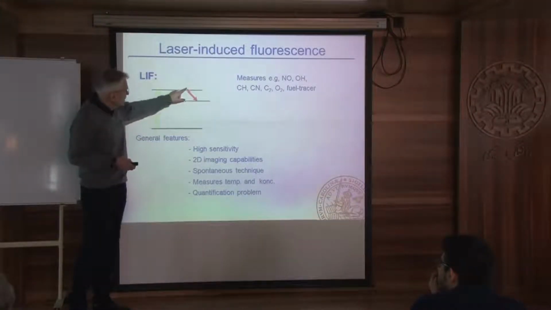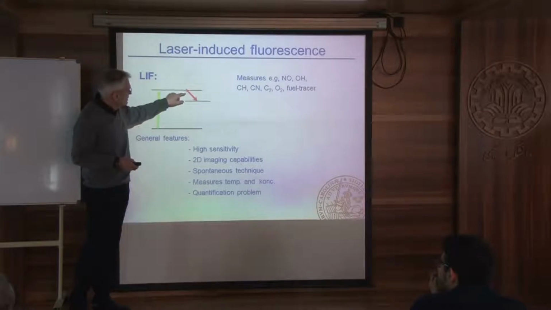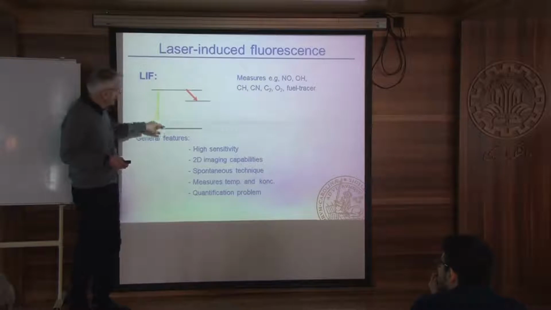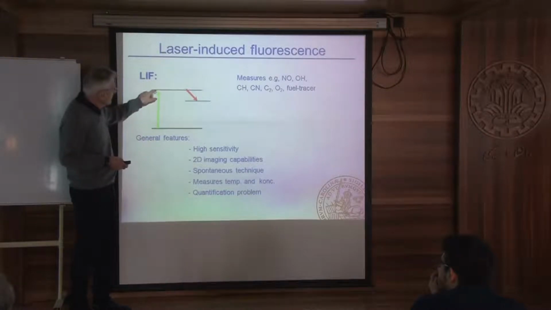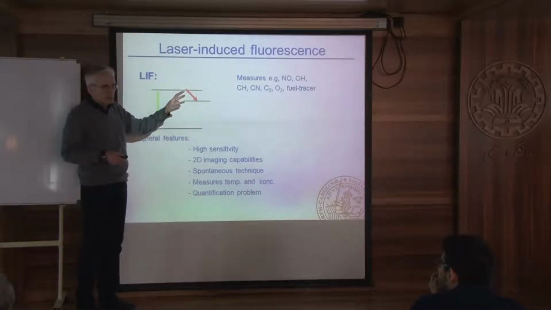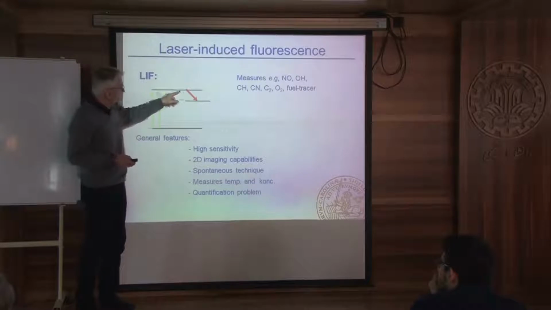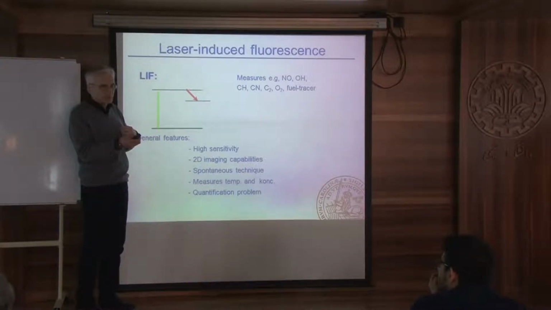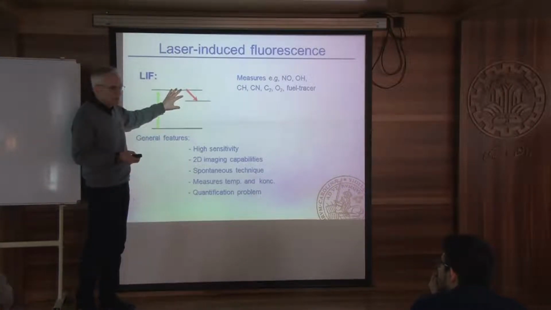But when we look, we really are detecting from the excited state, and since not all of the excited species give rise to photons, we have a problem. Maybe 1 out of 1,000 emit radiation. The others are lost through collisions. And you don't know how much they lose with what colliding partners, at what temperature, what pressure.